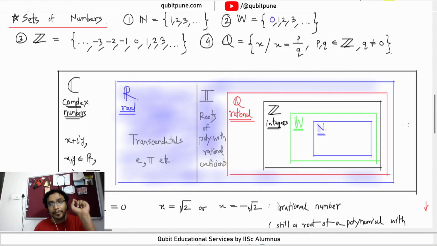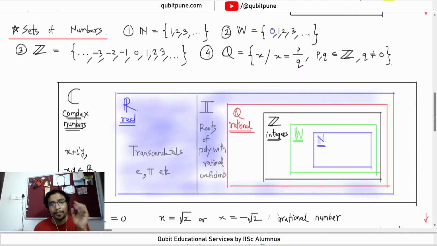I want you to revise and keep these things in mind, and never forget these. The set of natural numbers, the set of whole numbers, the set of integers, the set of rational numbers, then irrational numbers and transcendentals. Some books consider transcendental numbers as irrational, but some books don't. They make two different categories.